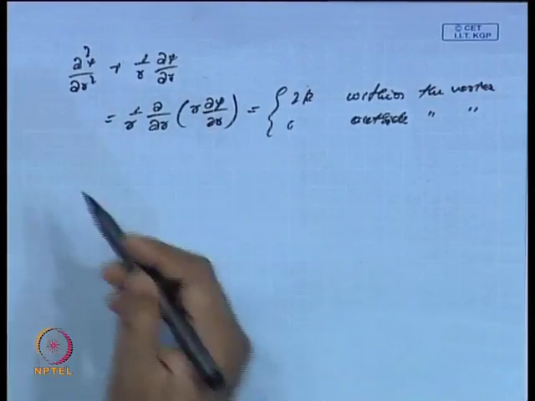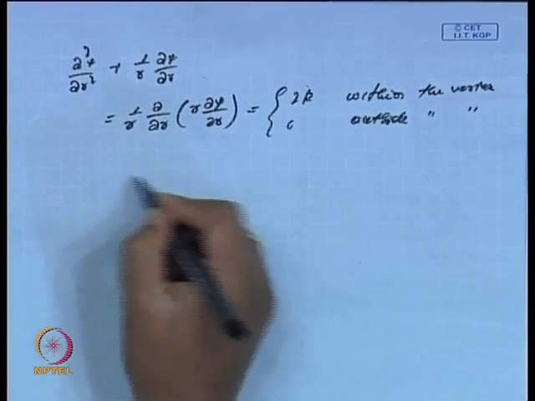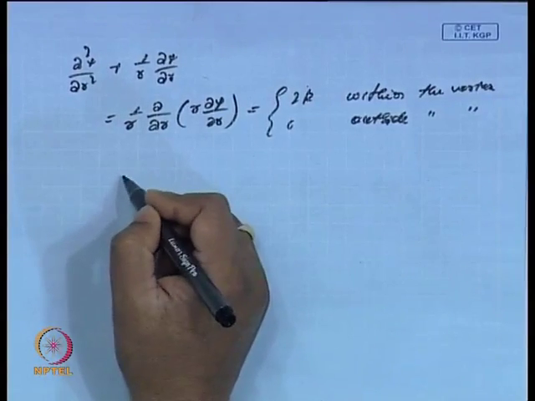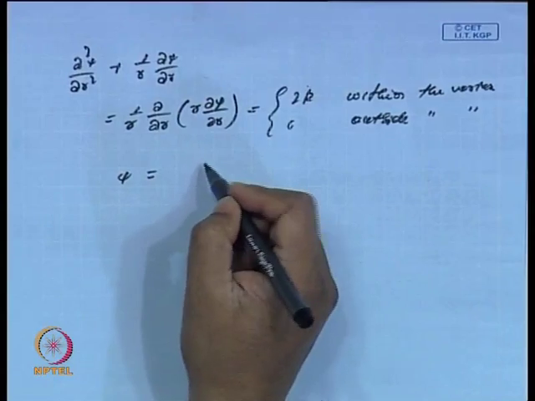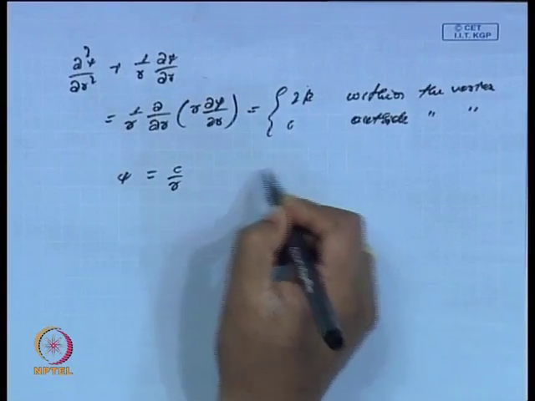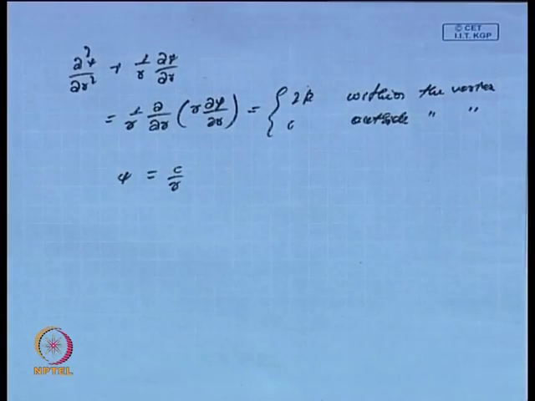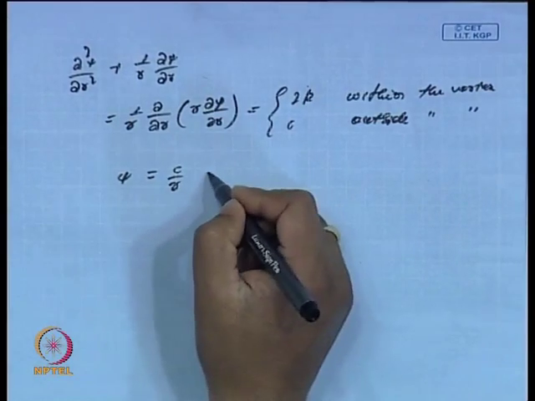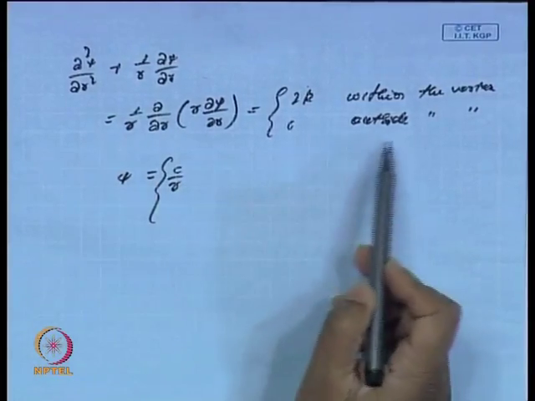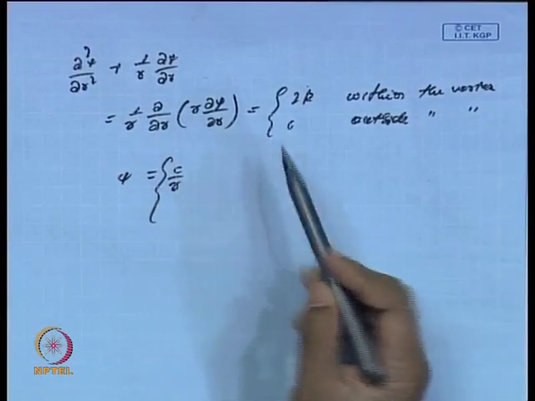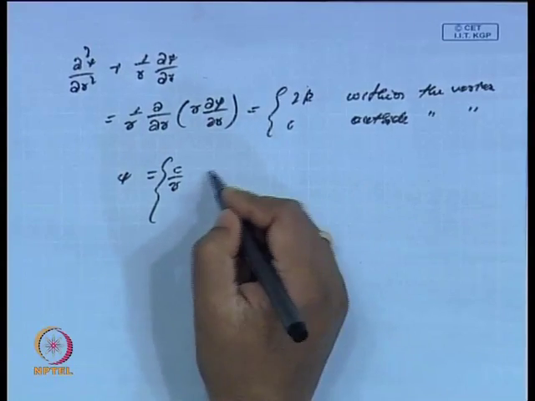If I simplify this, within the vortex I can easily get psi is equal to some constant c by r outside the vortex, because if I look at outside the vortex, this will give me c by r.